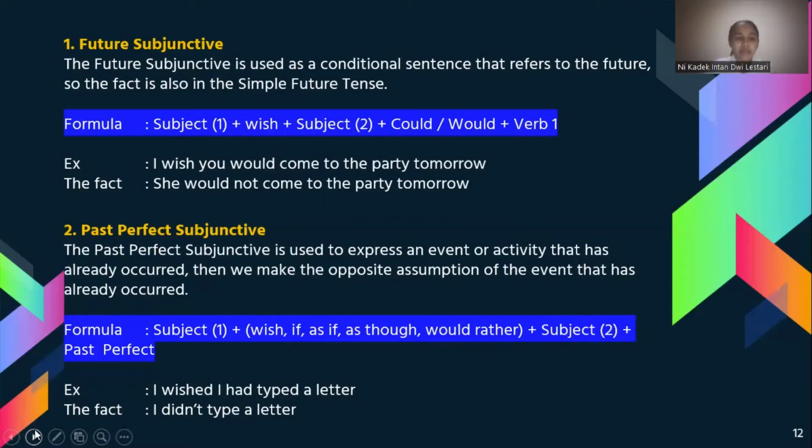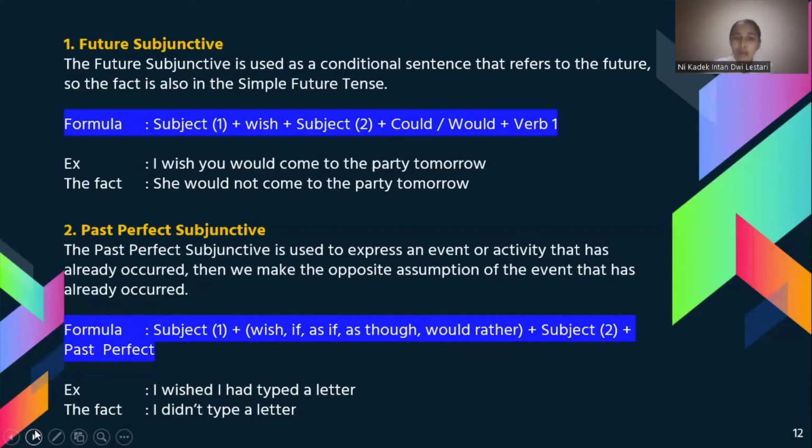And then the second one is past perfect subjunctive. The past perfect subjunctive is used to express an event or activity that has already occurred. Then we make the opposite assumption of the event that has already occurred.